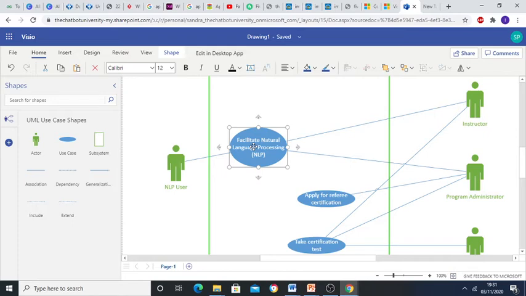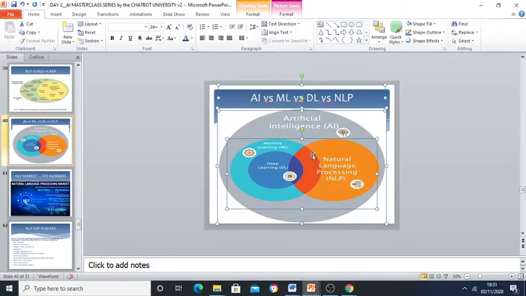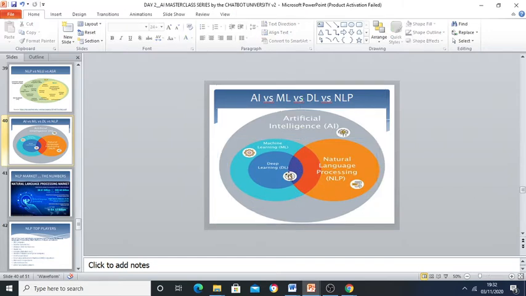Remember those Venn diagrams where we saw that natural language processing had a relationship with machine learning and also deep learning. This section here, the blue and orange section, this here is our zone of interest.